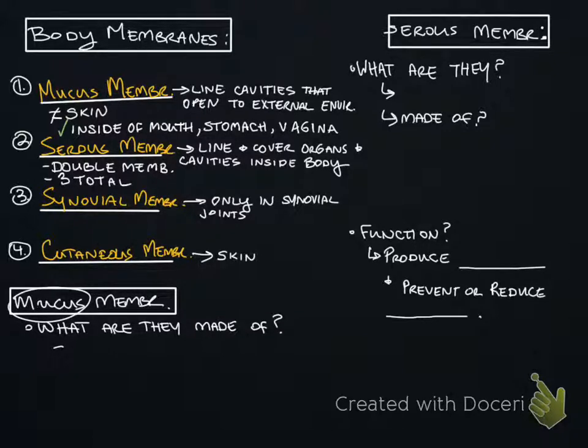That's actually a synovial joint as well. So we'll spend a whole chapter talking about joints, so we won't really talk much about those right now. So then finally, number 4 is the cutaneous membrane, and this is the skin. And the next chapter talks all about the integumentary system, which is the skin. So mucous membranes, what are they made of?